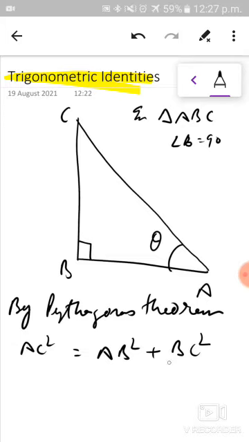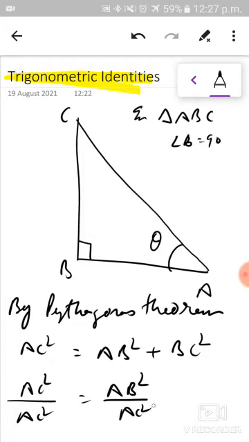Now let us divide both sides by AC square. So what will we get? Let us see. AC square divided by AC square, both sides we are dividing by AC square.